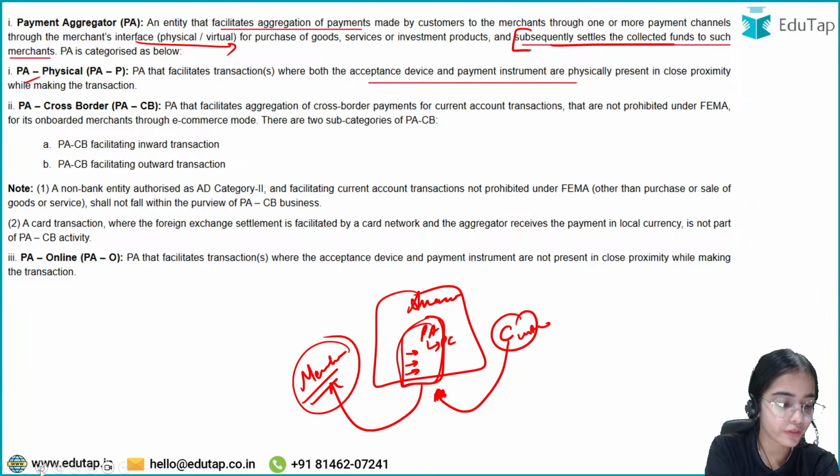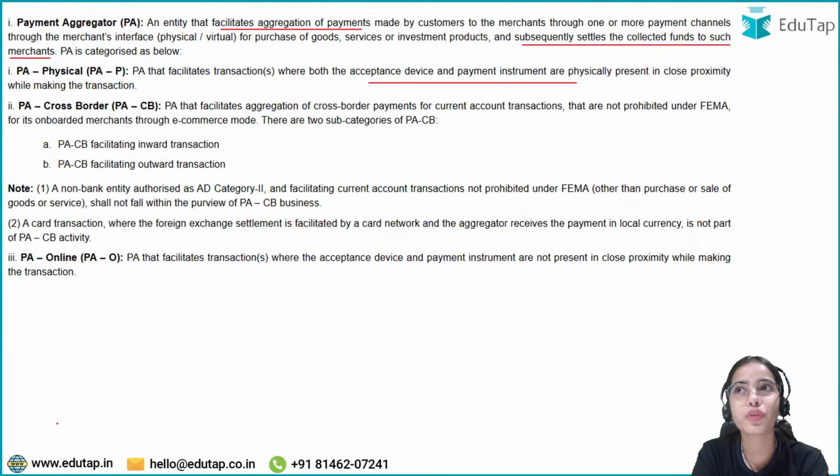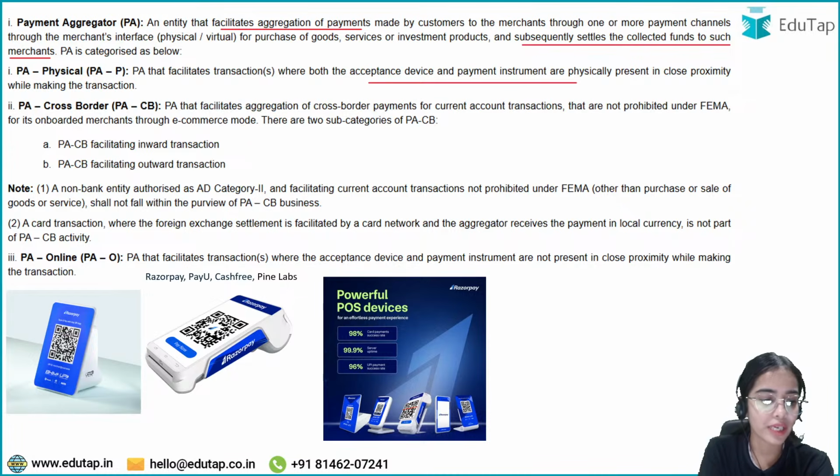Now, payment aggregator physical. Have you ever gone to a mall or a store and seen a QR code on which Razorpay is written, or a POS machine on which Razorpay is written, or different devices through which you are able to pay through the QR code or the POS machine, with Razorpay written on the instruments?